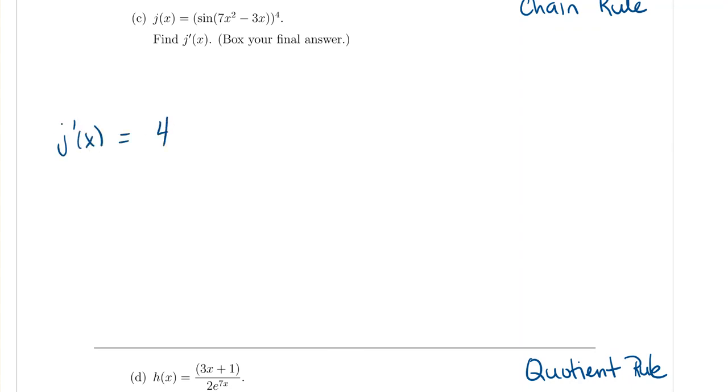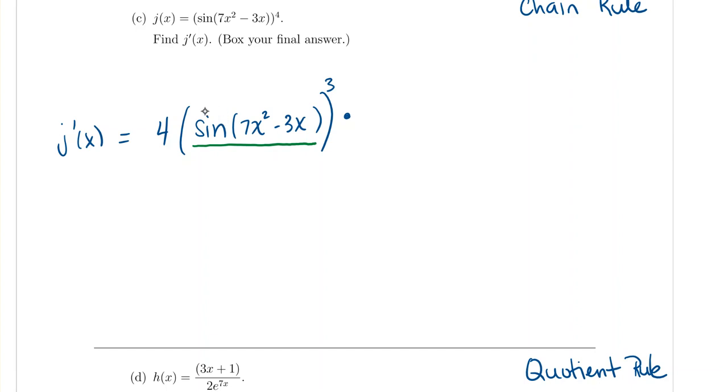By power rule, we bring down the power. Chain rule says leave everything on the inside the same for now. Subtract 1 from the power, times, and now we're going to be taking the derivative of just this, because this is our inside function. But to take the derivative of this is going to involve chain rule again.